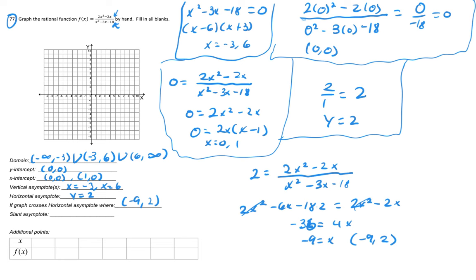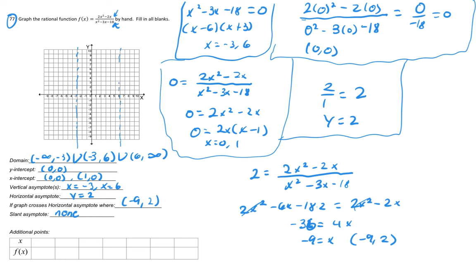Slant asymptote. So the numerator would have to be 1 degree higher than the denominator. Since they are equal, there is none. So now we can start putting in some of our constraints here. So we'll have a vertical asymptote at -3 and at 6.